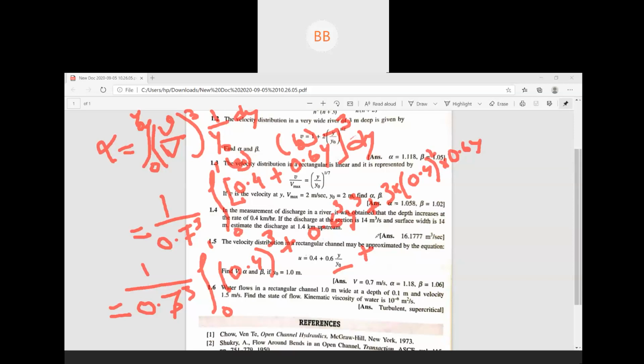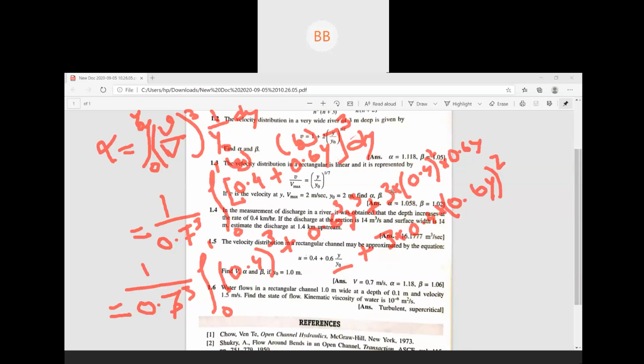Then we will have another term, that is 3 multiplied by 0.4 multiplied by 0.6 whole square.